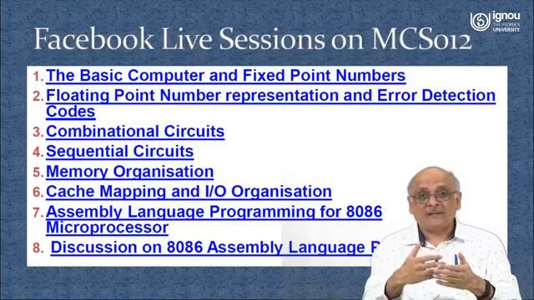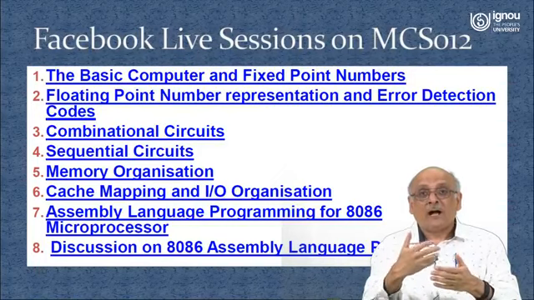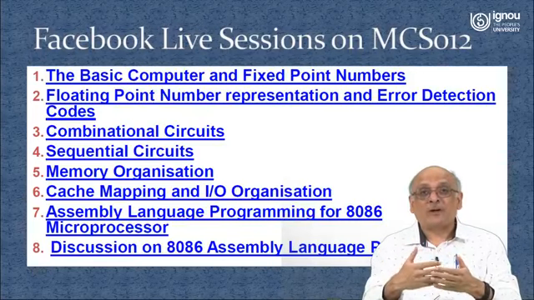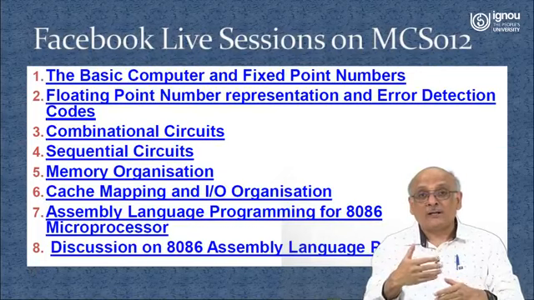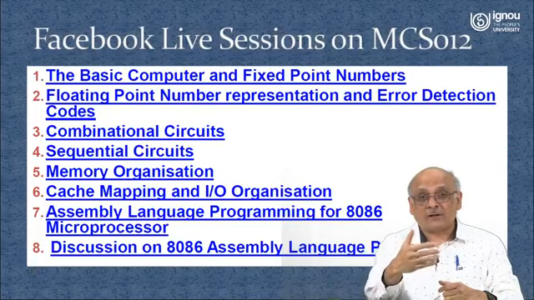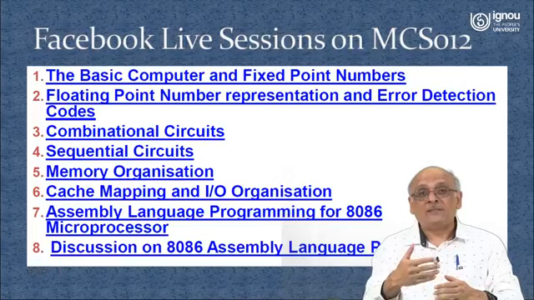So that gave us an idea of how machine instructions for the 8086 look. Therefore, you will find that whatever we cover in this block will be somewhat easier for you to understand.